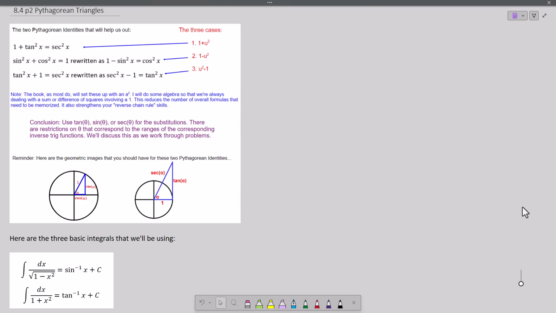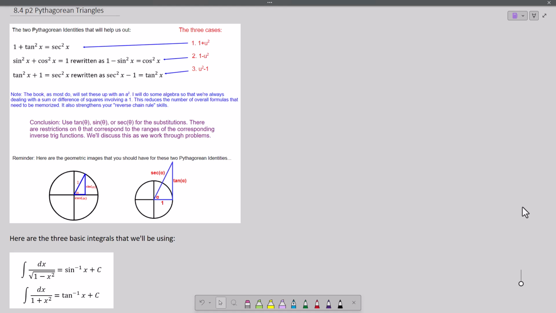Similarly, if we had a difference of squares with a leading 1, let's take this Pythagorean identity, sine squared plus cosine squared is 1. If we rewrite it this way, oh, there's 1 minus a square. So if we let that u be sine, then this would be 1 minus sine squared, and that difference of squares with the leading 1 could be turned into cosine squared.